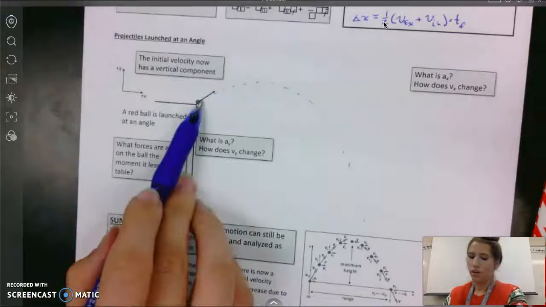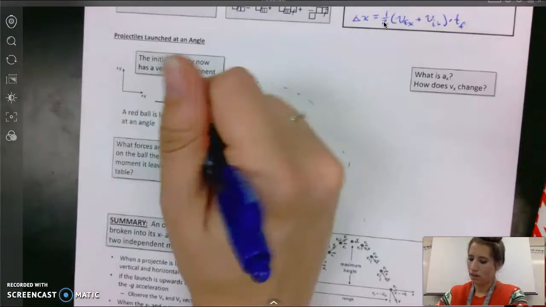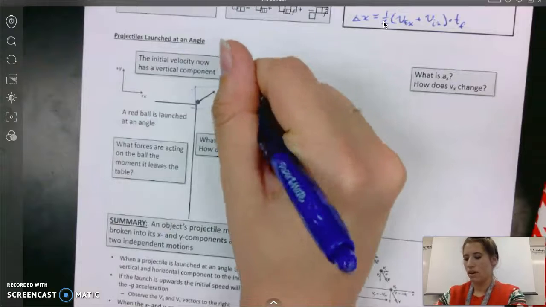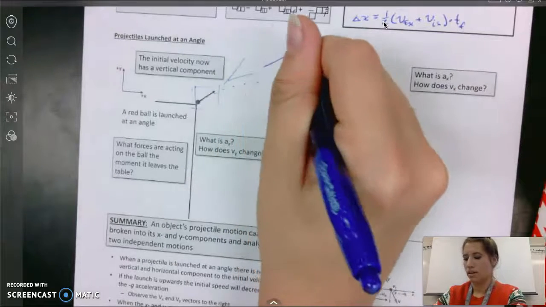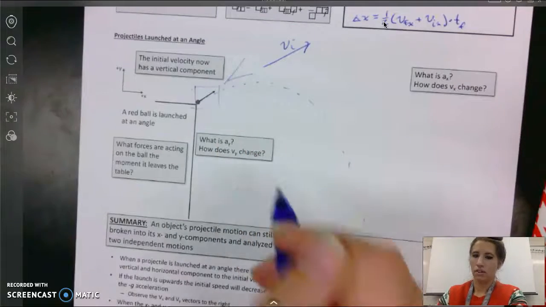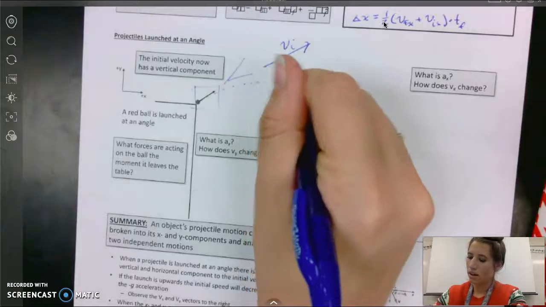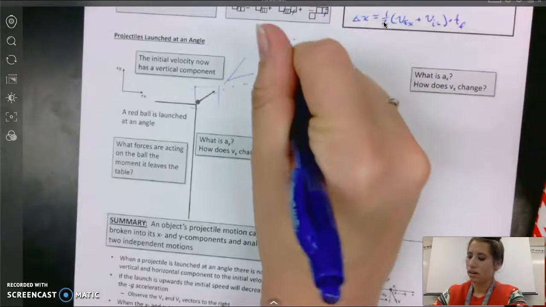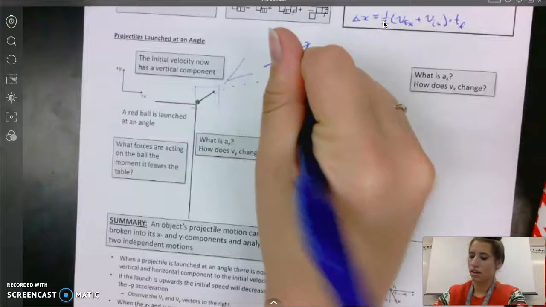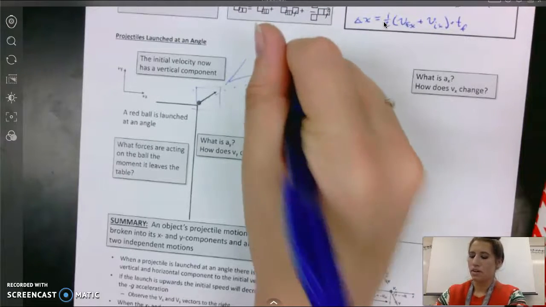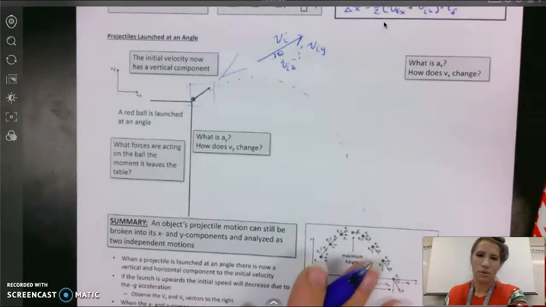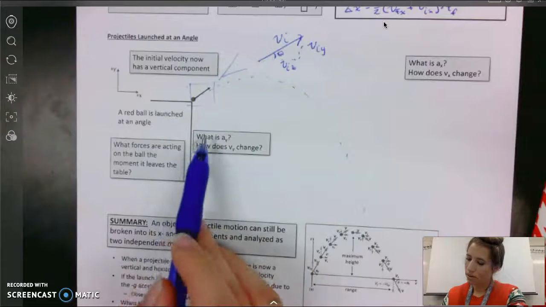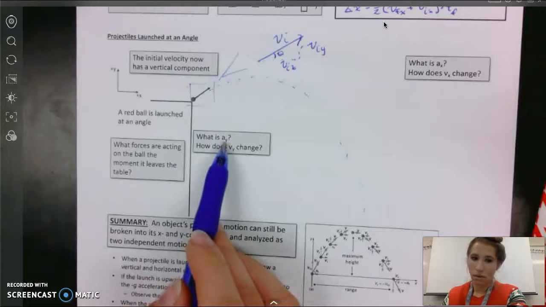If I zoom in on this velocity, this is my velocity initial. It now has an x and a y component. We have velocity initial in the y as well as velocity initial in the x, at some angle theta above horizontal.